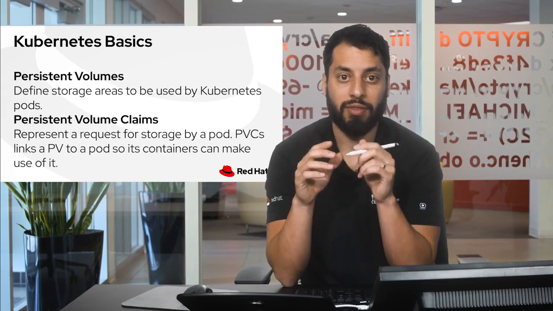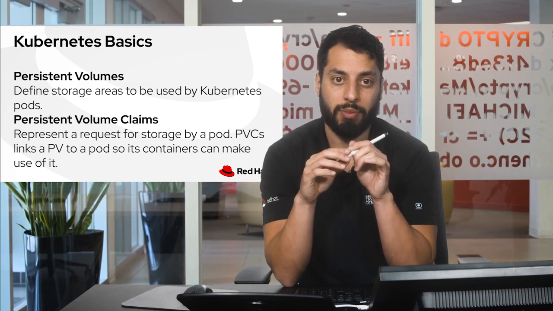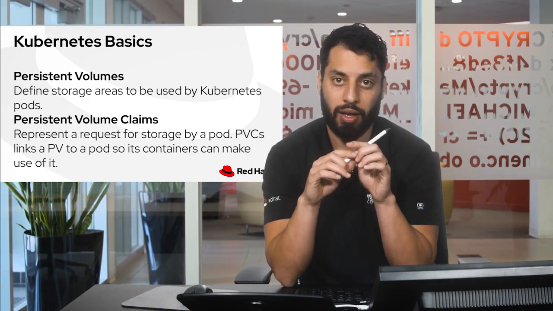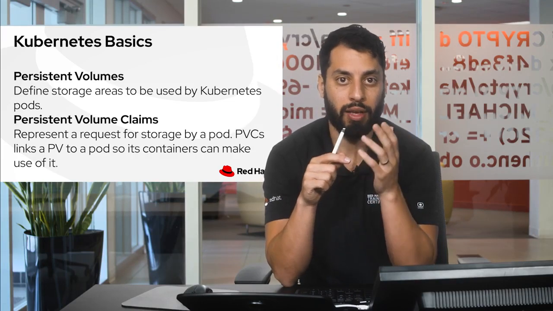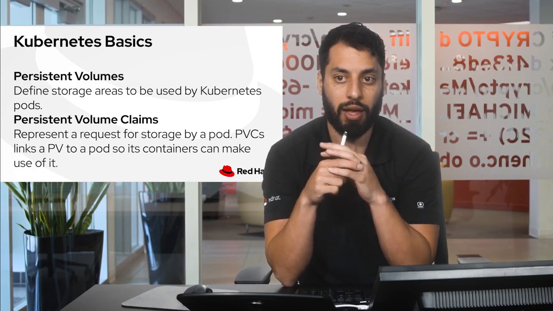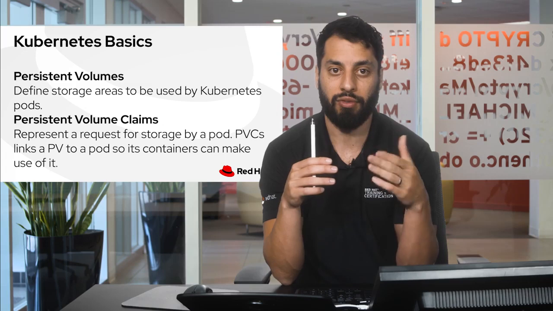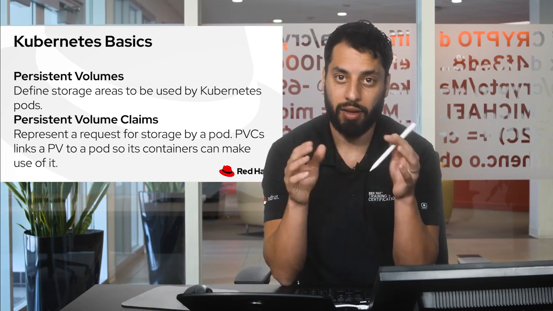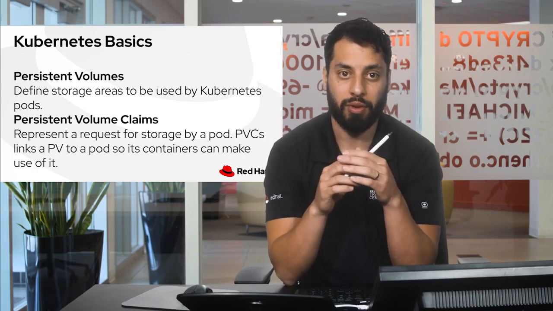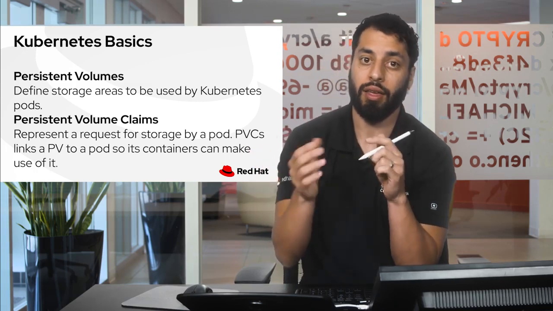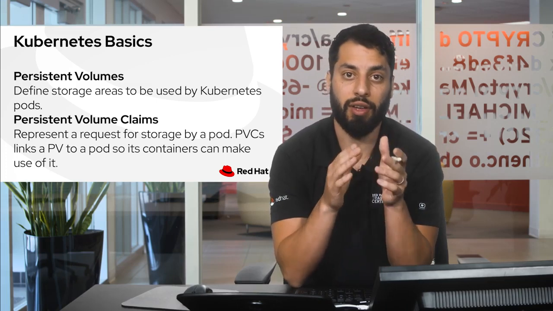Persistent volumes and persistent volume claims are how we maintain data despite the ephemeral nature of containers and pods. Containers and pods are supposed to be able to start up and disappear, and we don't ever have to worry about whatever was in that container because it's just going to go away. Again, we're designing for failure here. But in a lot of instances, we do want to persist data, such as having a database. We want to make sure that data does not go away when the pod goes away. So we have the concept of a persistent volume.